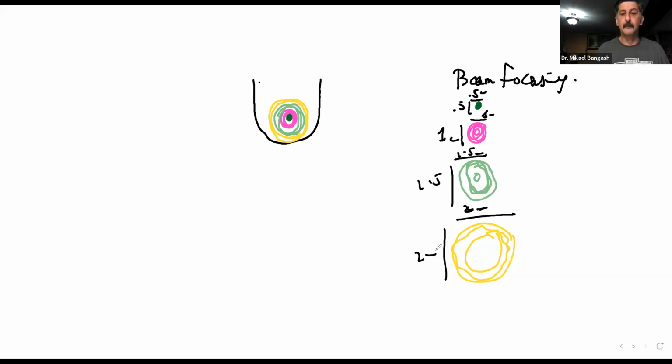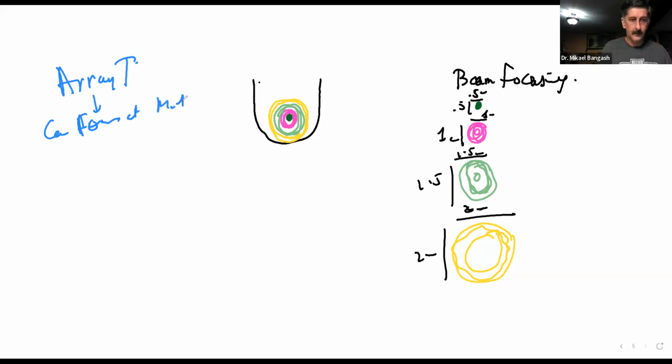Now, ladies, what we mean is that this is an array transducer, which mainly means it can focus at multiple depths.